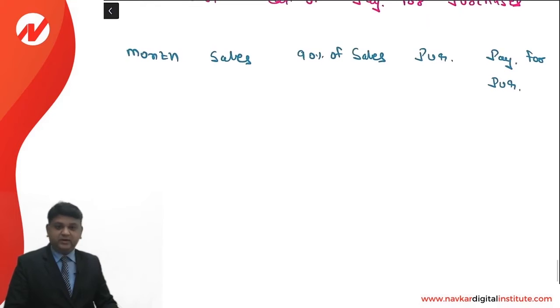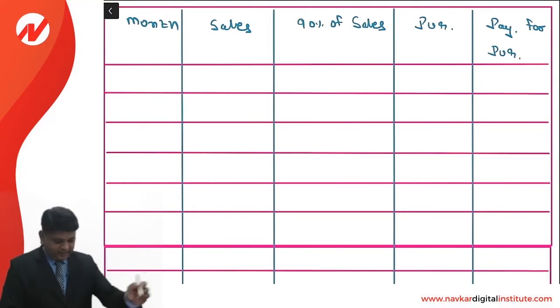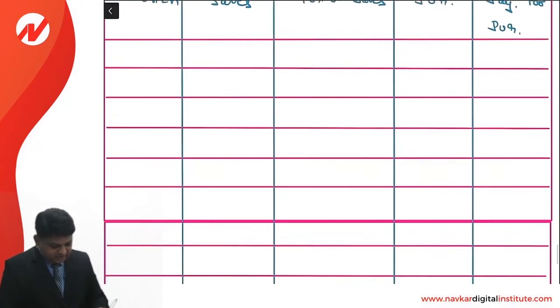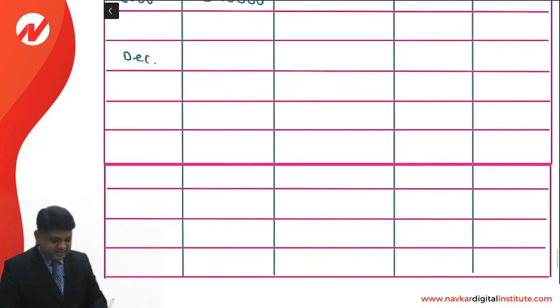This is the way we are required to prepare the working. We will prepare this from the month of November. So we are starting with the information. In the month of November, the sales is 6,40,000. In the month of December, sales is 8,80,000.